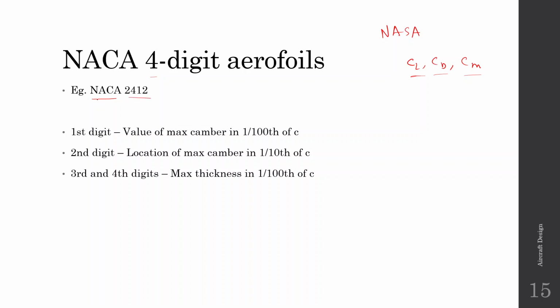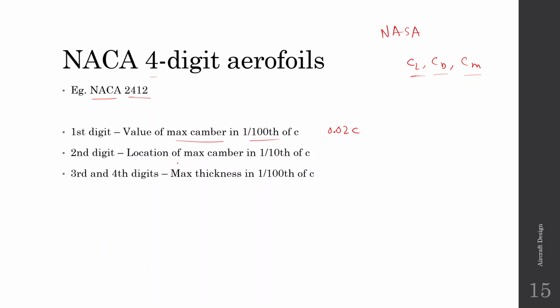When we write something like NACA 2412, what does this mean? The first digit indicates the value of max camber in 1 by 100 of C. In this case the first digit is 2, so the max camber will be 0.02 C, because it is 1 by 100.